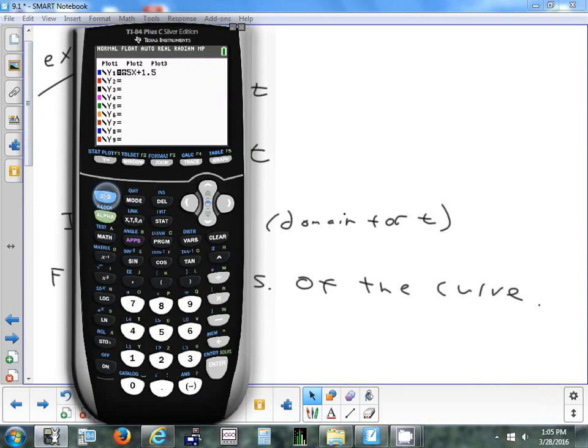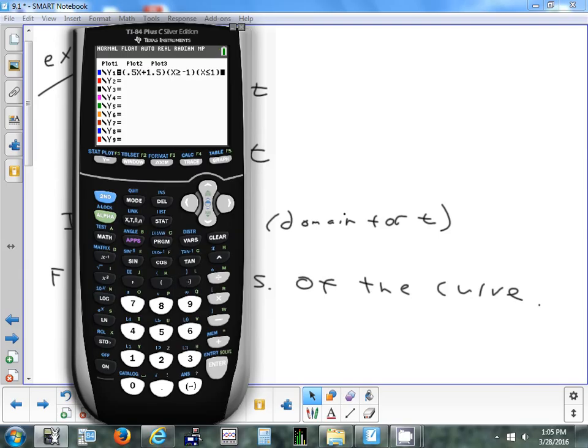And here's how you do that. Put it in parentheses. And then tell it you want x to be greater than or equal to -1. Right, we had the bracket. But I also want x to be less than or equal to what? 1.